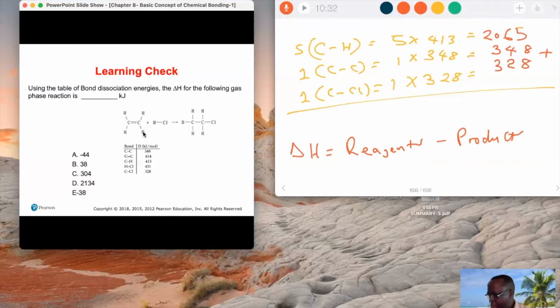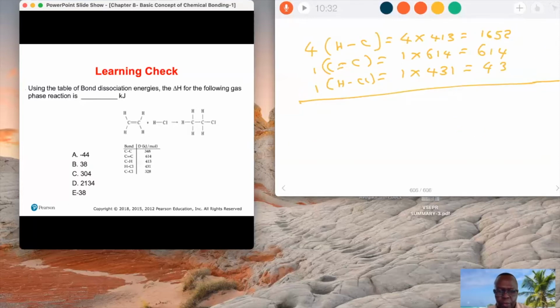Everybody, what did you get for this value? Look at my whiteboard. Somebody say negative 44. Thank you. Leila got 44. Alexandria, 44. Somebody did the product.